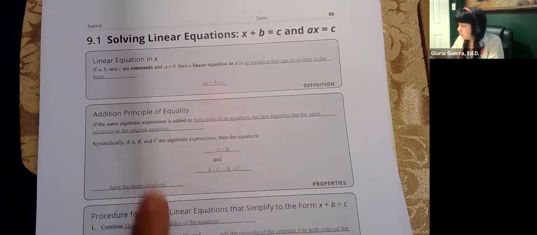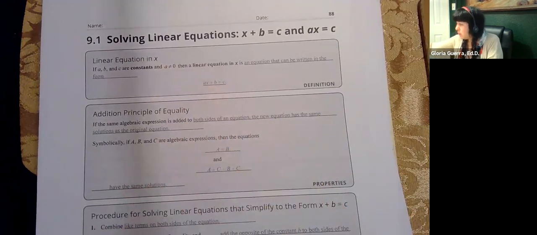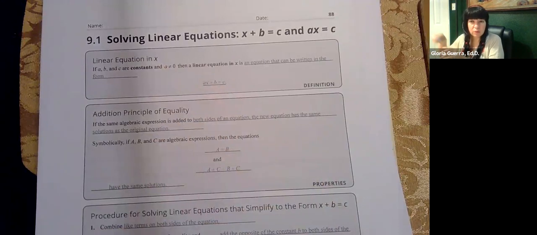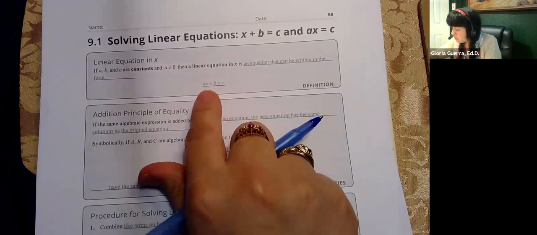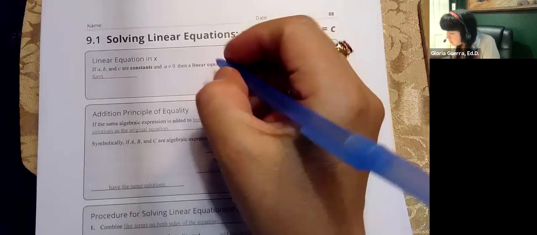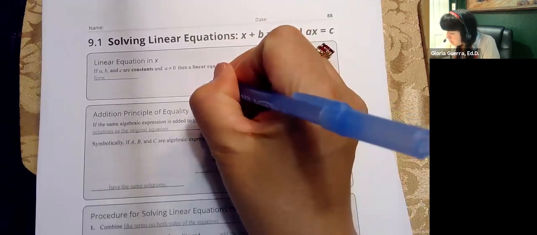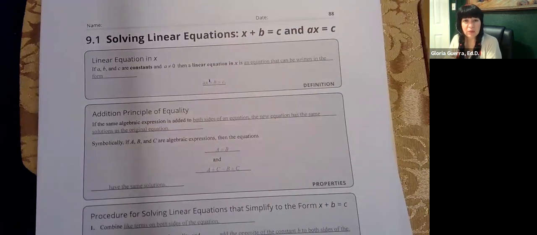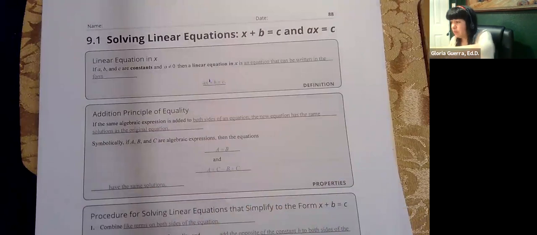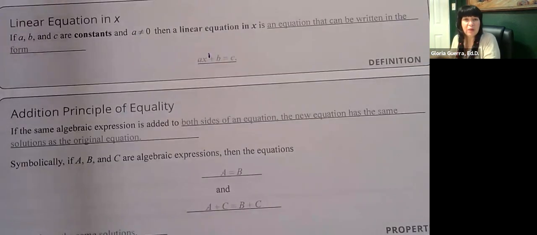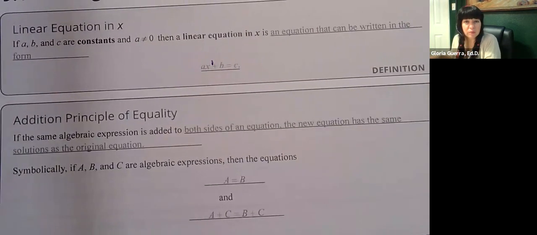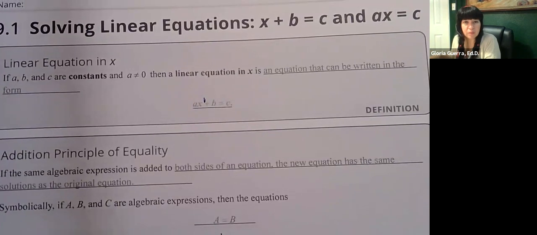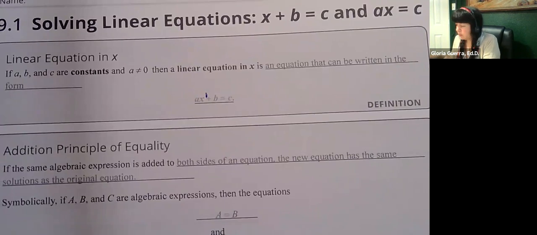So linear means that the leading exponent on the variable term is to the first power. So this ax, there's actually like a little imaginary 1 there that the book will not bother writing, but you know that ax is to the first power plus b equals c. That's a generic linear form, okay?